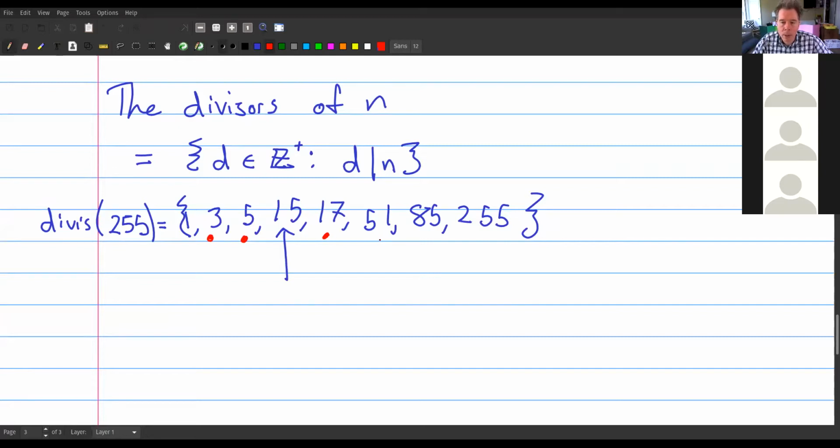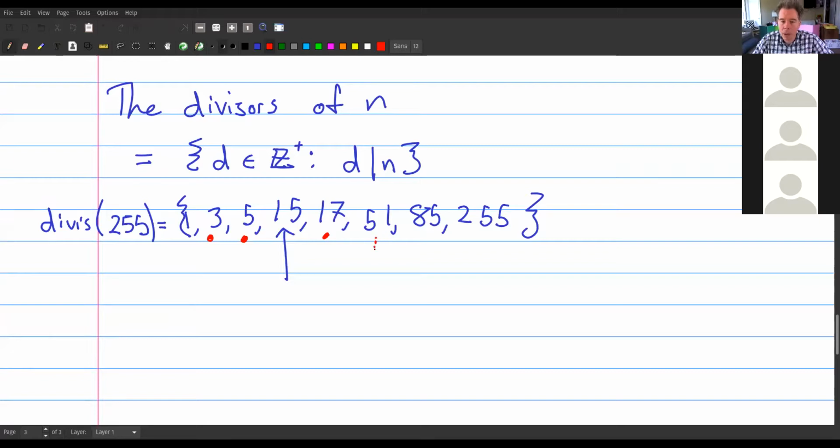Why is 51 not prime? Because it's divisible by 3. Yeah, exactly. If the sum of digits is divisible by 3, then the number is divisible by 3. So 255 only has 3 prime factors, which are 3, 5, and 17.